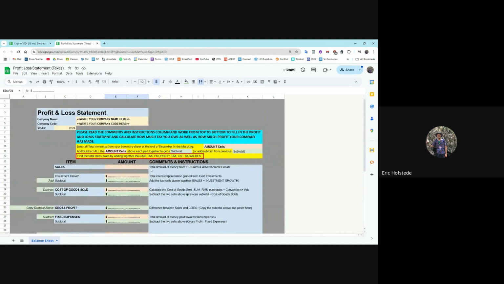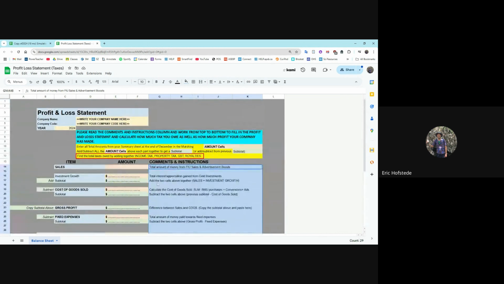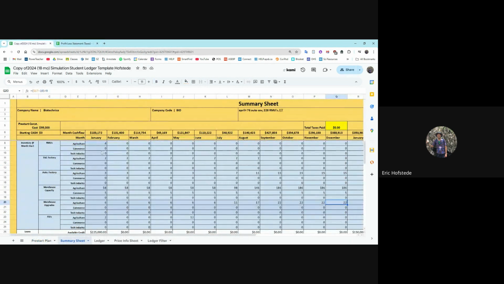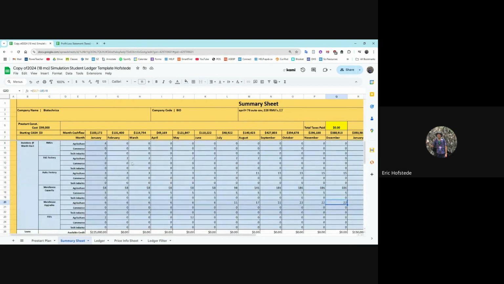So there are really good instructions here if you read along, but if you have tried and are stuck, you found your way to this video, and I'll just give you an example of doing taxes. The big important thing and the only way to do this properly is to make sure that your summary sheet is also properly filled in.